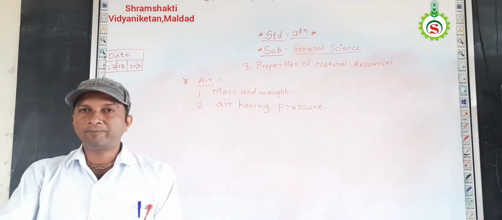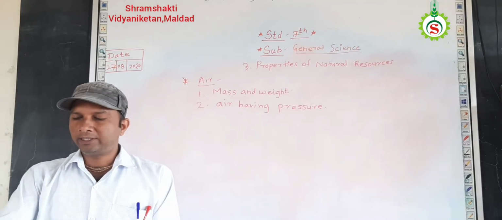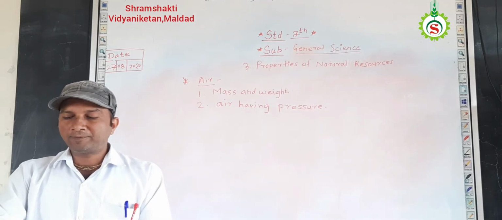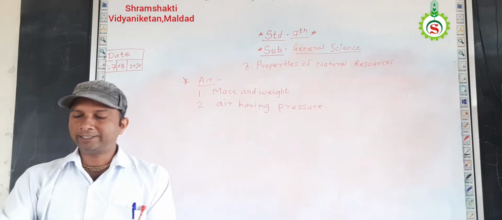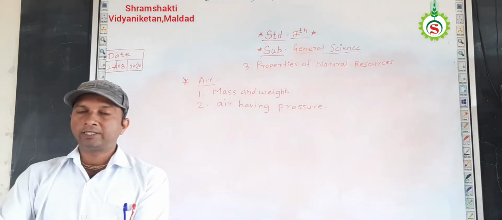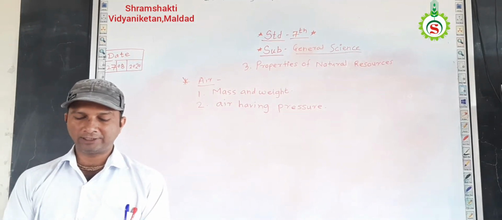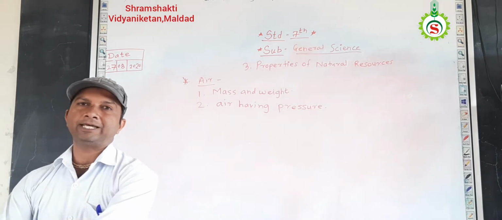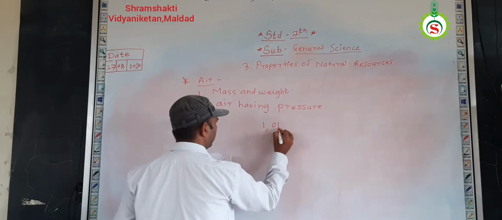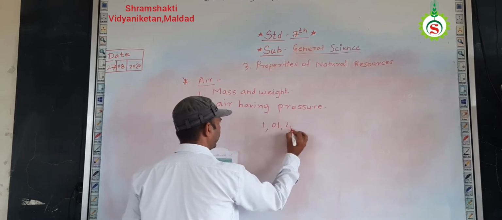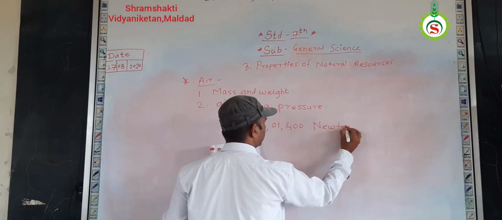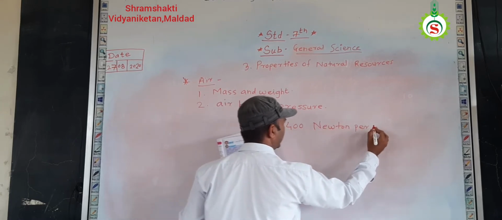Then one important piece of information is given in Do You Know: under ordinary conditions, the atmospheric pressure at sea level is about 1,01,400 newtons per square meter. So the atmospheric pressure present at sea level is 1,01,400 Newton per square meter.